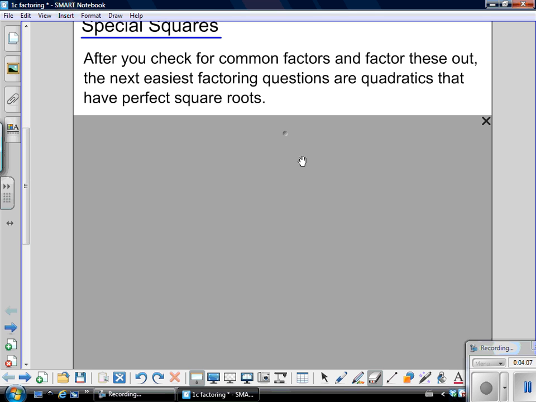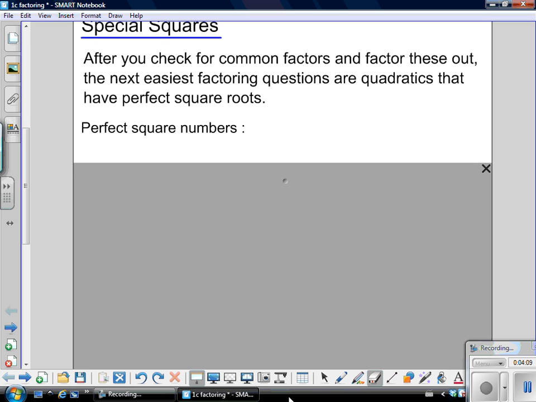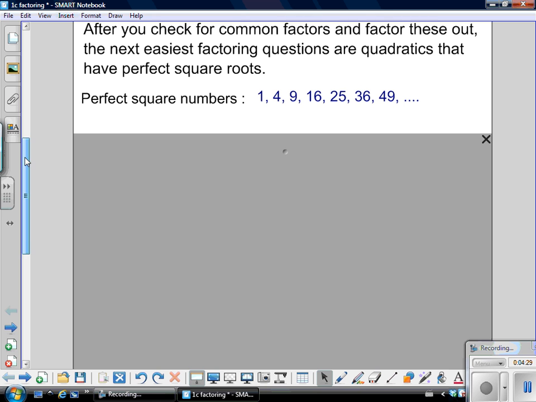In my head, I'm thinking, first of all, perfect square numbers, like 1, 4, 9, 16, 25, 36, 49, and it goes on and on. I've dealt with those numbers before and I know that they're perfect square roots. So if I see that my question has that, it might be a special square factoring question.